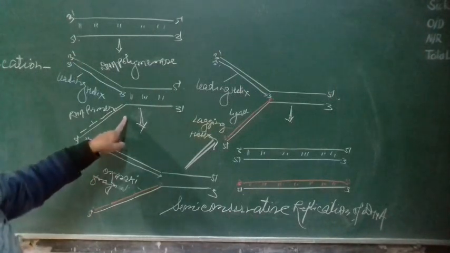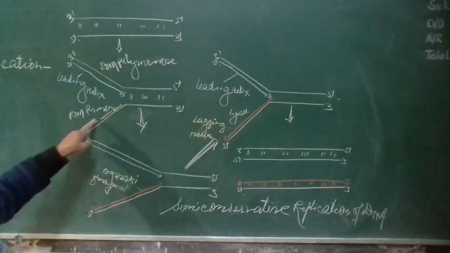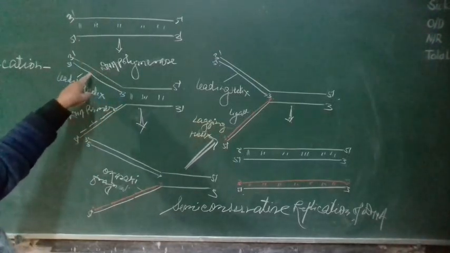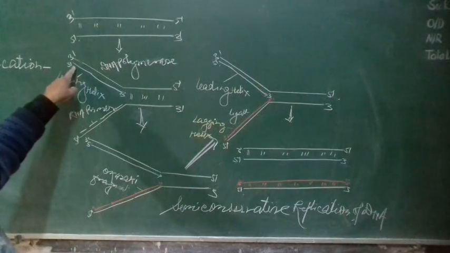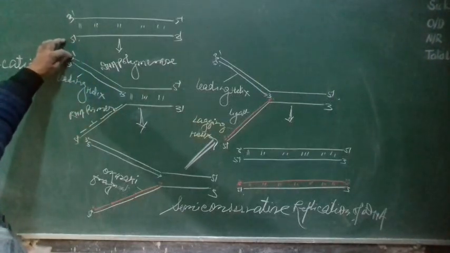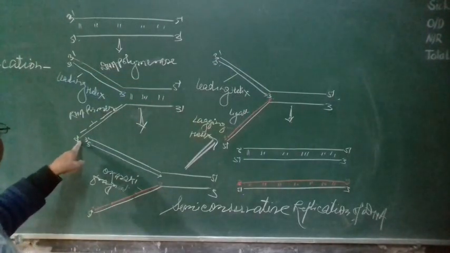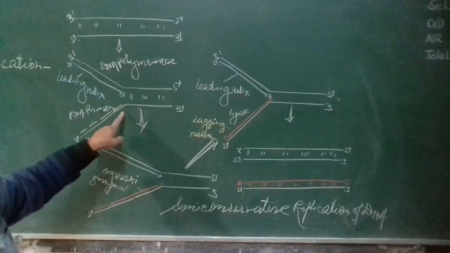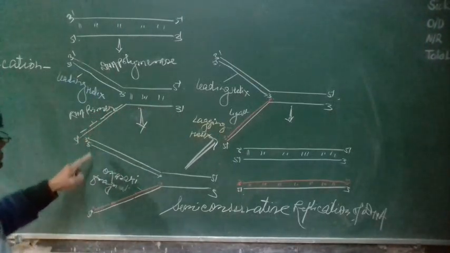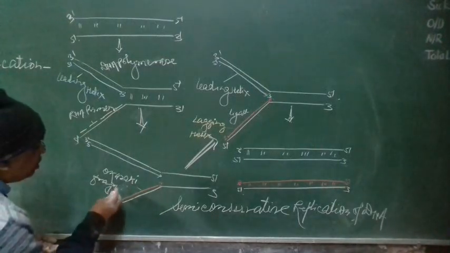But on the other helix of the DNA which has 5 to 3 polarity, RNA primer gets arranged. Means DNA-dependent DNA polymerase only starts elongation of the chain in 5 to 3 direction on the template of the helix of DNA that has 3 to 5 polarity. Now this RNA primer is replaced by Okazaki fragments. What are Okazaki fragments?